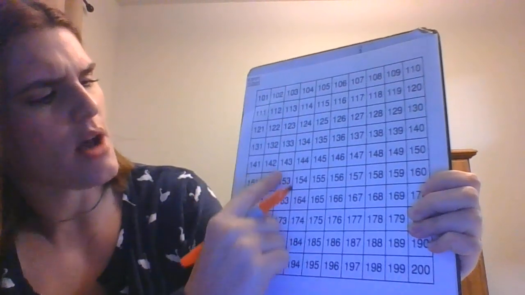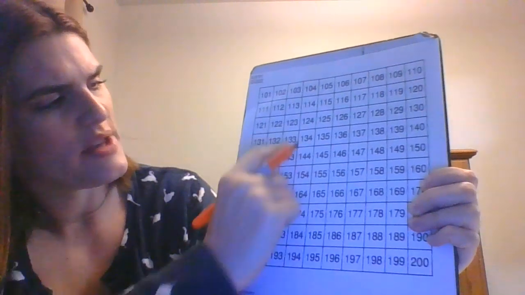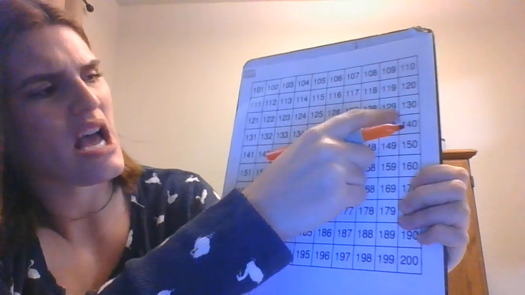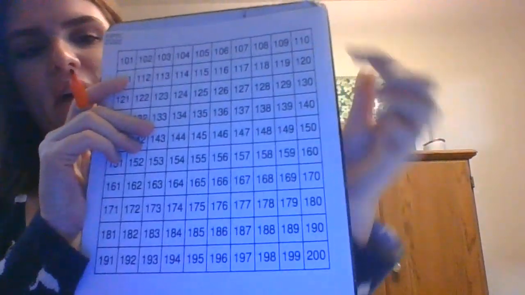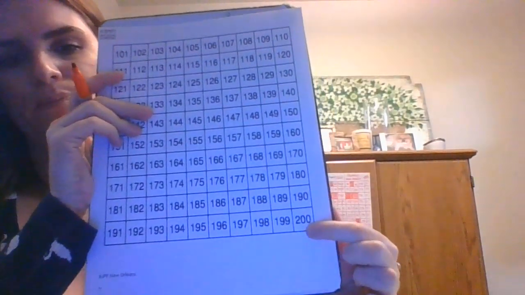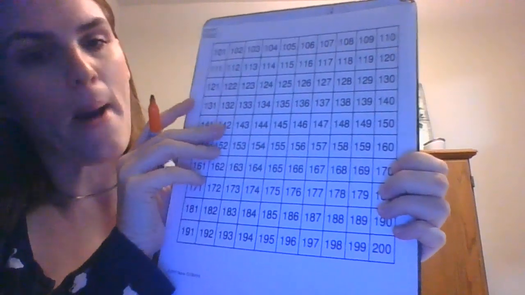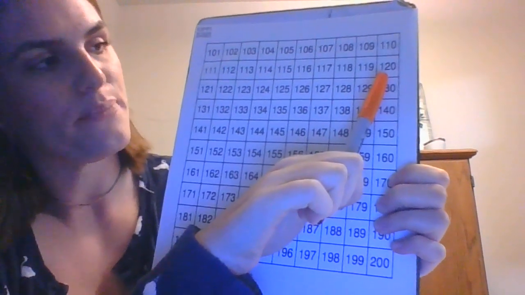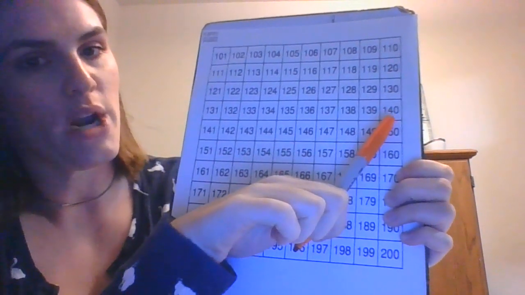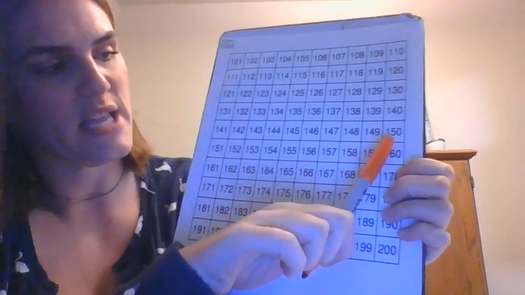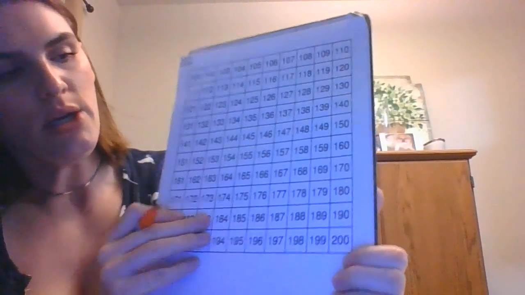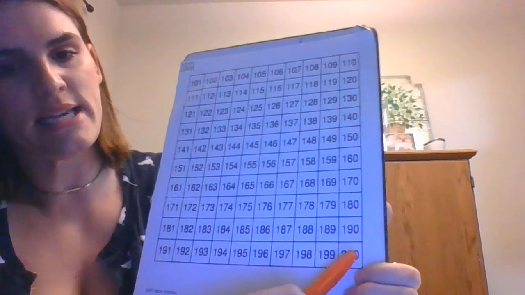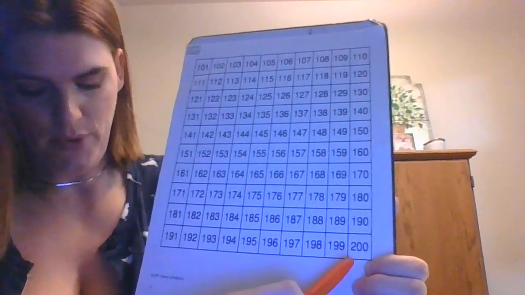The last number in this column is 2. This column's 3, 4, 5, 6, 7, 8, 9. Oh, there's my 0. So I found my 10s column over here. Now I can count by 10s: 110, 120, 130, 140, 150, 160, 170, 180, 190, 200. Great job.